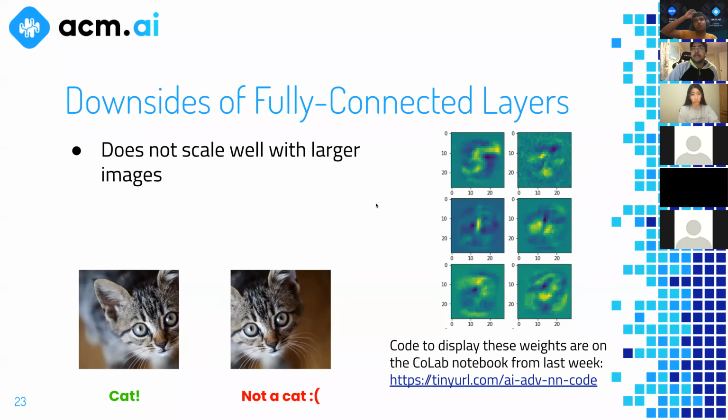Anyone have any ideas on why a fully connected network might not scale as well for image analysis? Any guesses, or feel free to put them in chat or unmute and say them.